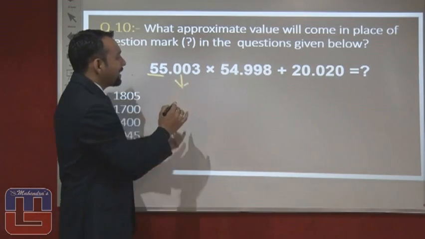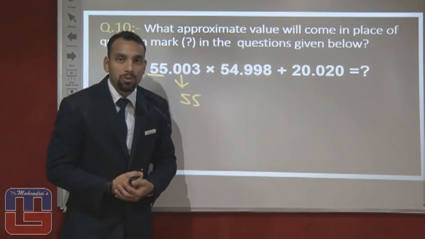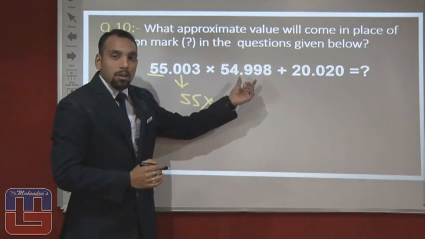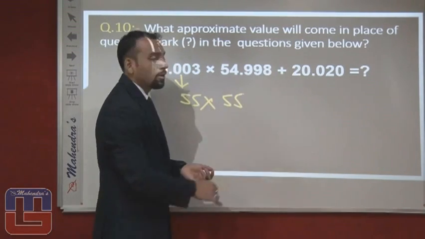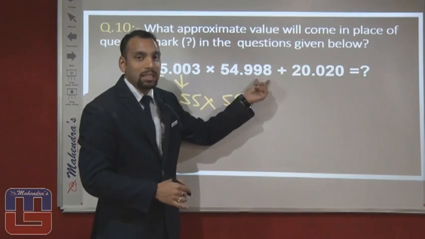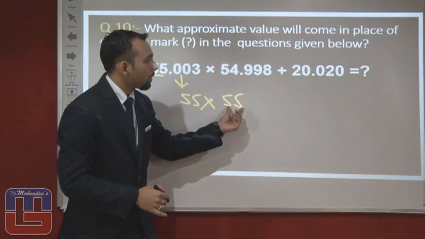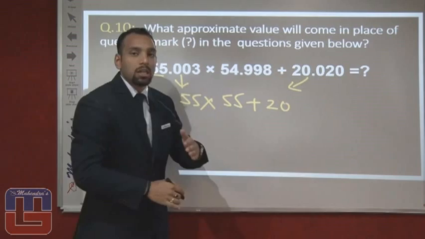We can write this one as approximately equal to 55. Multiplication, this may be approximately 55 because here it is 0.998, which will be near, you can say, equal to 55, and here that will be approximately 20.